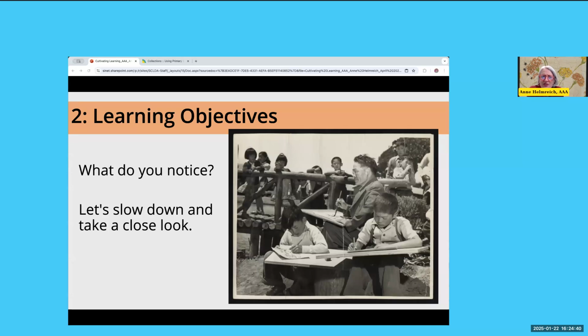Older man, we're seeing some generational differences. Yeah, and some people seem to be doing, some people watching. One with the pencil very focused in the foreground, engaged.